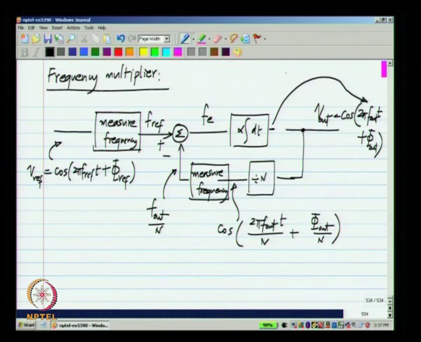Okay. Again, this simply follows an exact analogy with the voltage amplifier. The only confusing parts can be that we are dealing with voltages which have certain frequency, but we have to do our operations on the frequencies of the signals, not on the voltages themselves. That is why I am doing this.